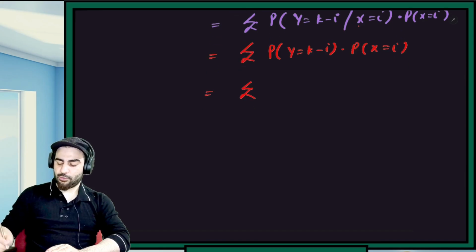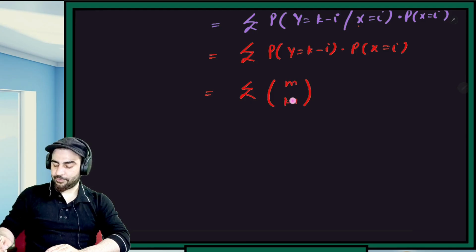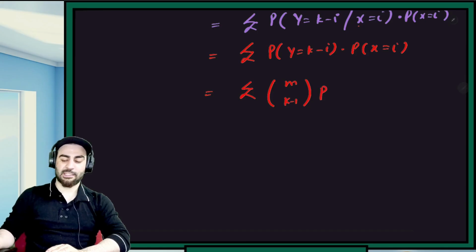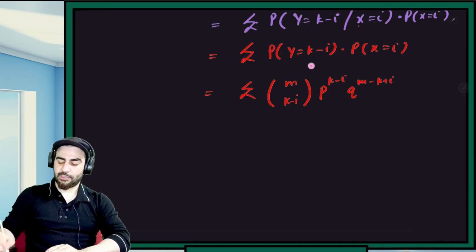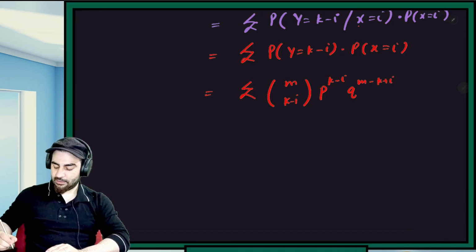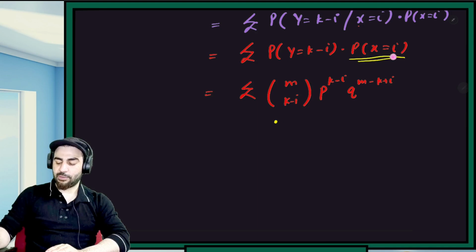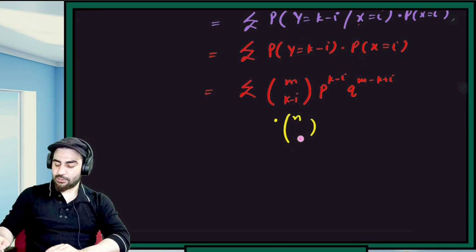This is equal to m choose k minus i, the probability of success is p, because both probabilities are p, so p to the power k minus i, and q to the power m minus k plus i. This is for this part. Then multiplied by this part, I'll again use a similar form: n choose i, p to the power i, q to the power n minus i.